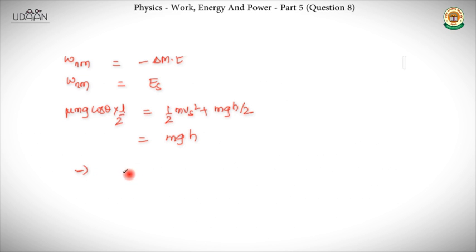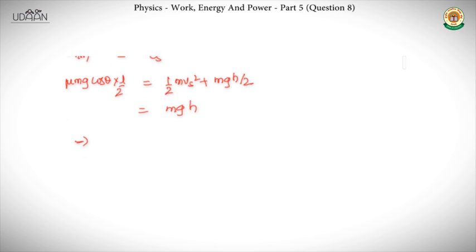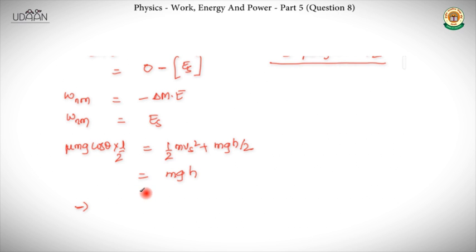By solving this equation we will be getting mu mg cos theta L by 2 is equal to mgh.